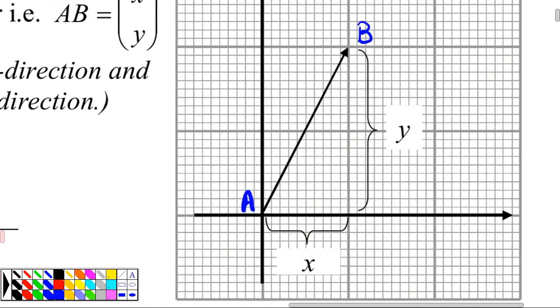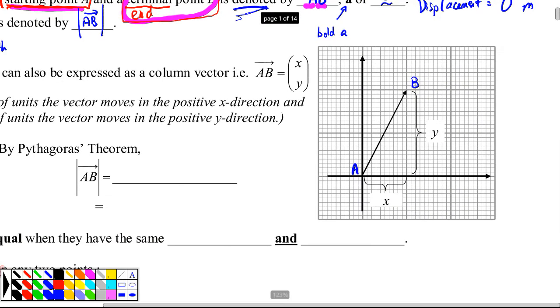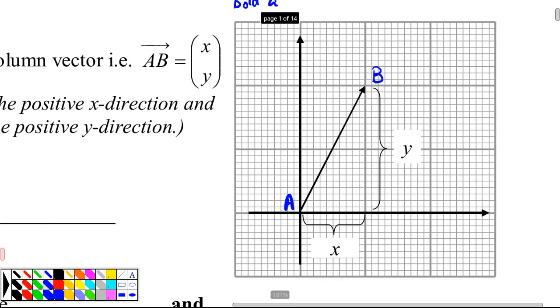Now if I want to find the length AB, what do you think I can do? I can use Pythagoras. Very good. I was expecting a ruler answer or something. Never mind. So I use Pythagoras. But before I use Pythagoras, I need to understand what is the length I have horizontally and what is the length I have vertically.